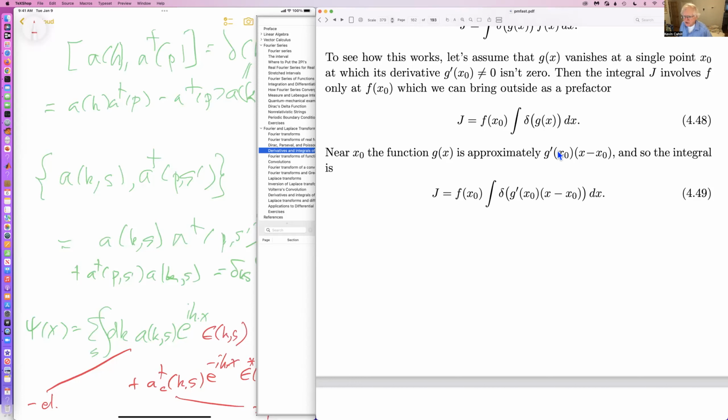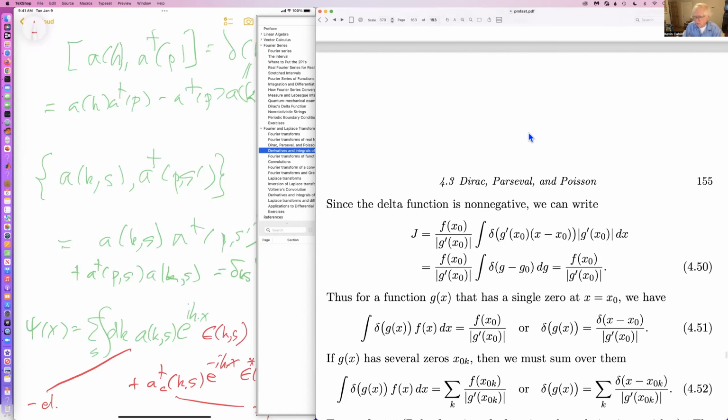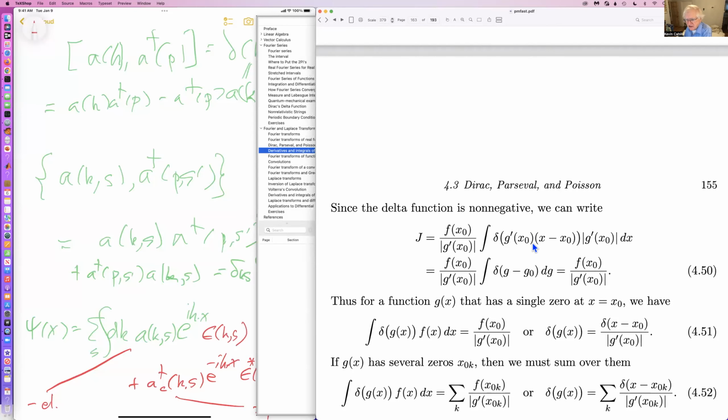But then what you can do is multiply and divide by the absolute value of g prime of x0, which is what we assumed was non-zero. And if we do that, we get a g prime here and a g prime there. On the other hand, this thing here is effectively dg, since the delta function is non-negative.